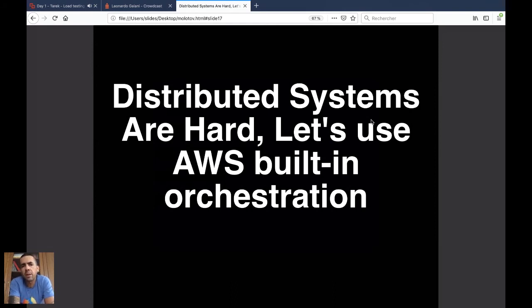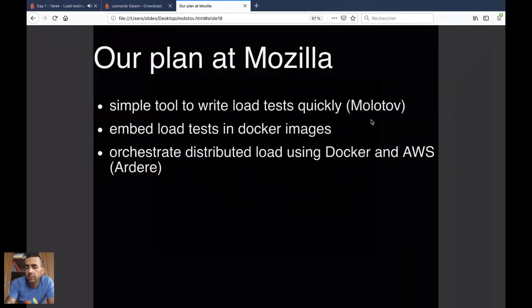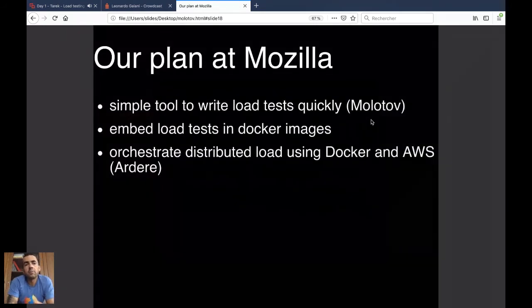We ended up thinking that it was a better idea to write a single tool to do load testing from a single box, and then let Amazon do all the orchestration, because they have all the tools you need to do that, especially now. So a simple tool to write load tests quickly, that's Molotov, and then we embed those load tests in a Docker image and let Amazon do the work for us.